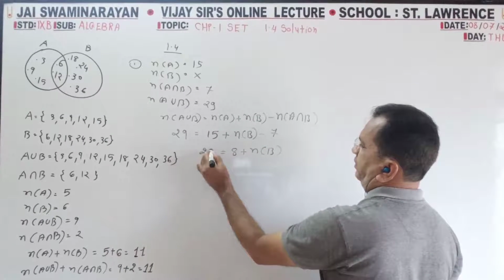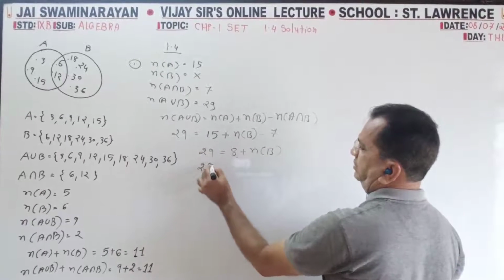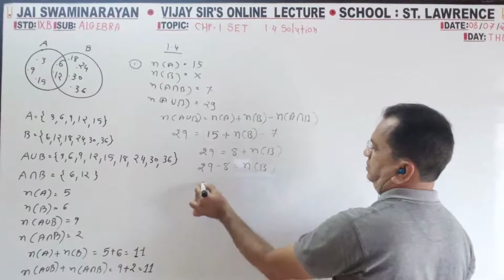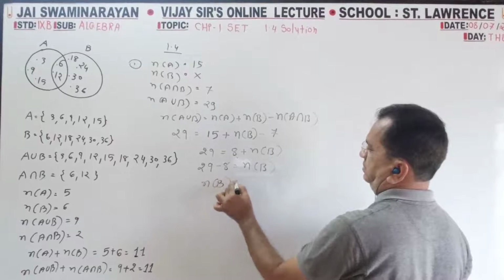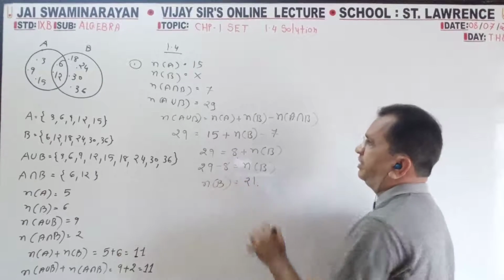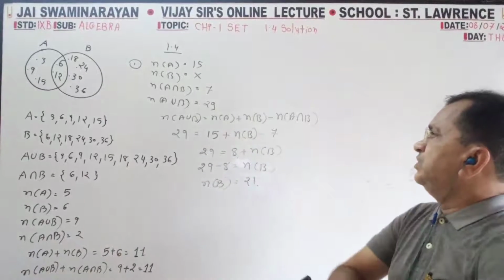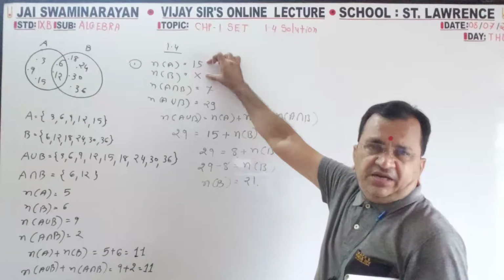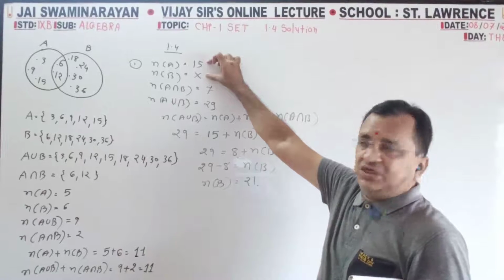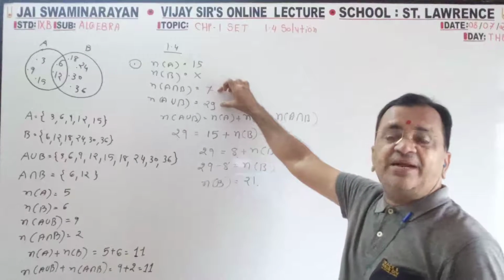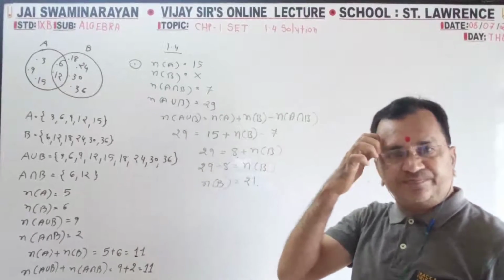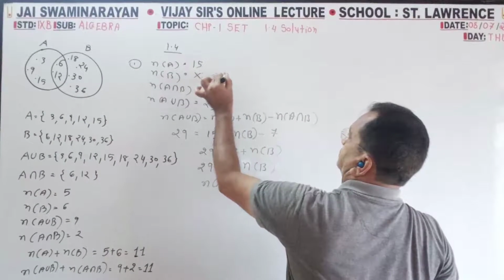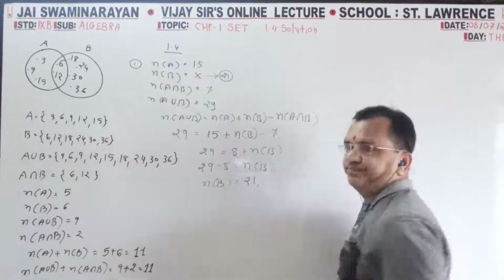This goes this side: 29 minus 8 is number of B. So number of B is 21. So 21 plus 15, 36. 29 plus 7, 36. Correct? So you got this answer.